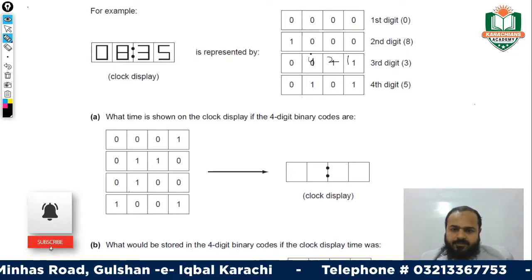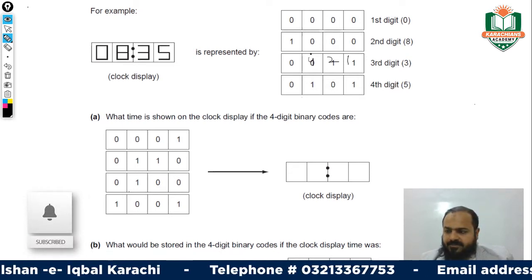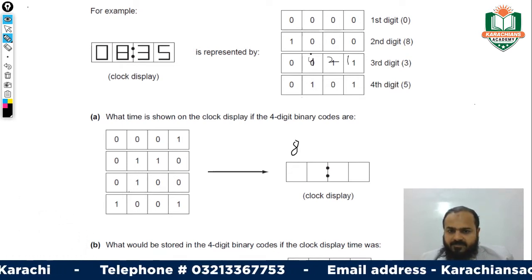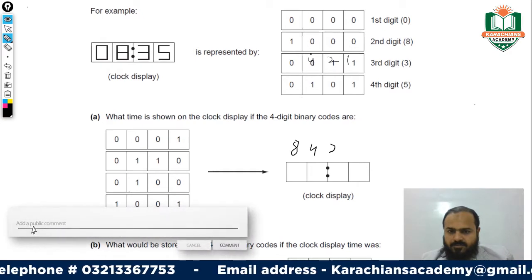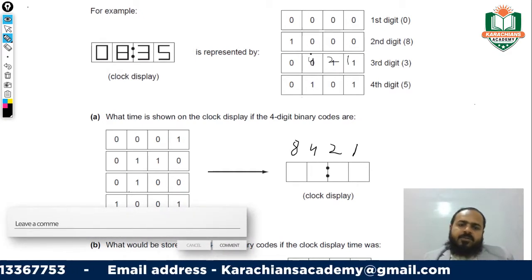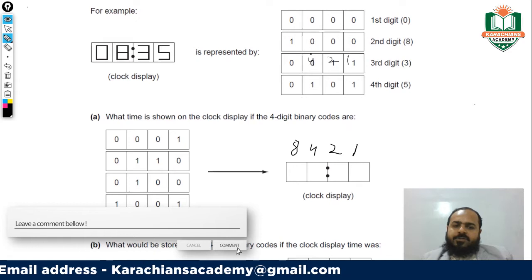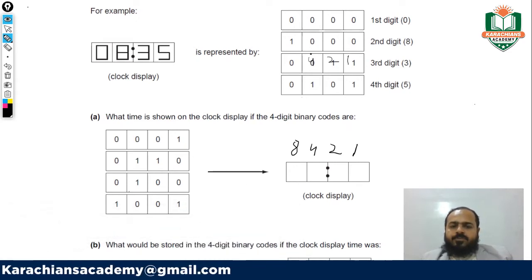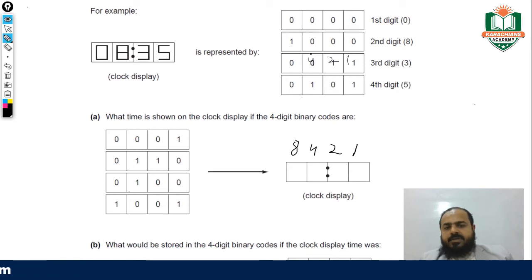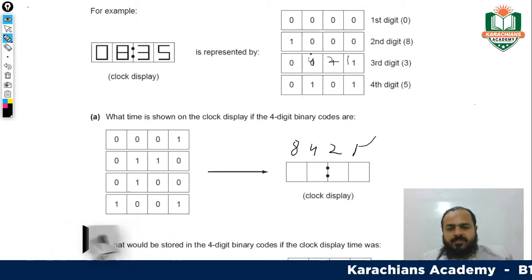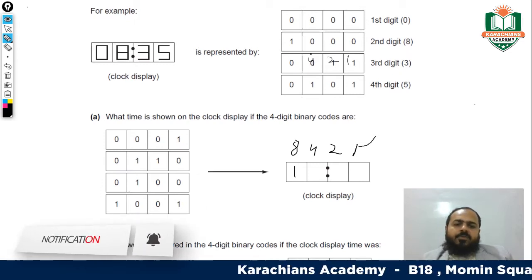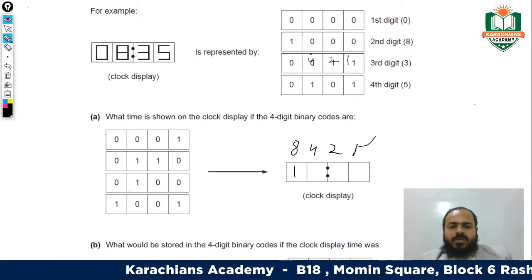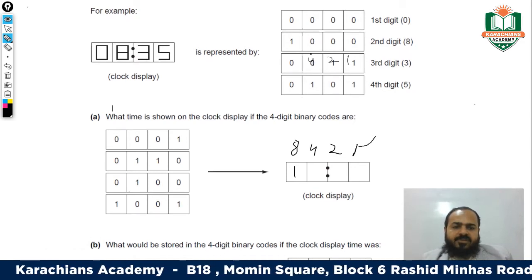We go over here and we write here 8, 4, 2, 1. So 0 means off. So all the 3 members here are 0 and the last one is on. Last one is 1. So in the first digit the 1 will come. Okay, now we go on the second.